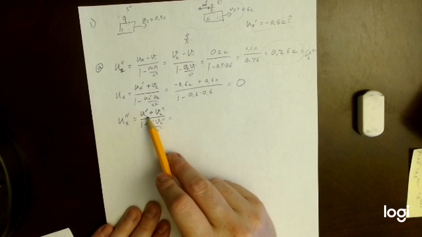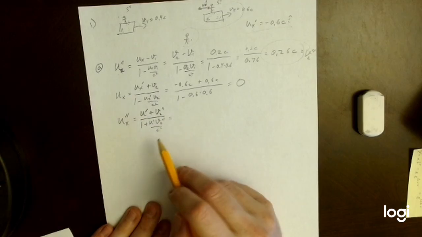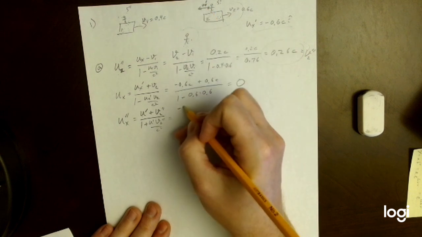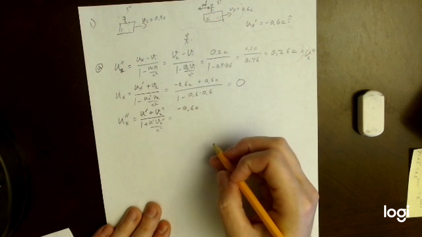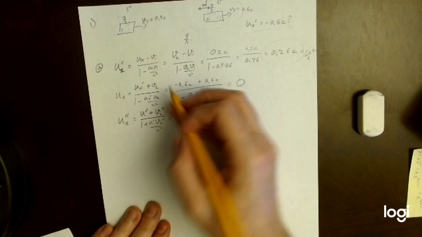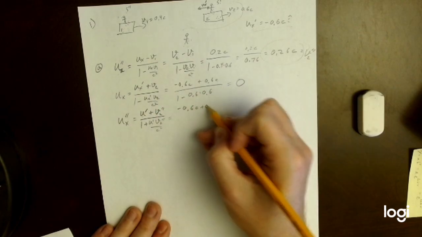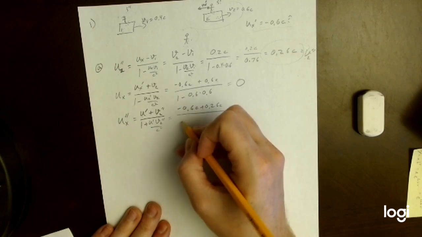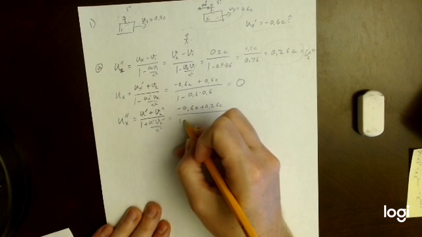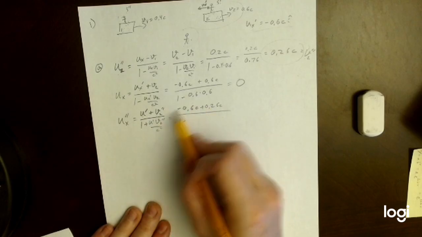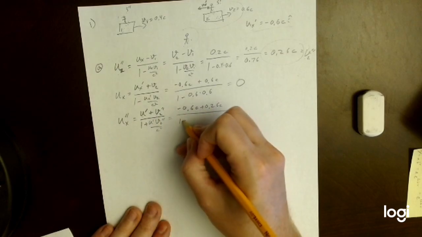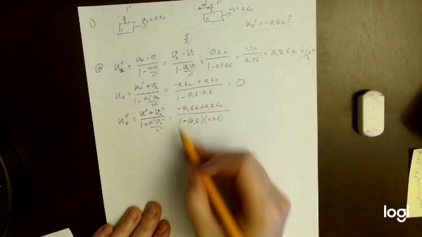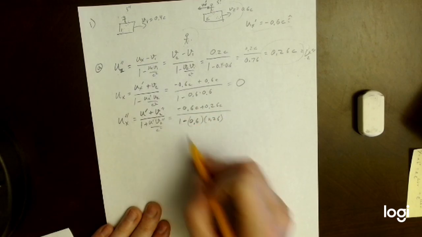Then we're just going to plug in things, because we know u prime, as seen here, was minus 0.6 c. And then v2 double prime we calculated in the first part is plus 0.26 c. All of that over 1. This would be a plus, but it's actually going to be a minus because of this minus sign from here. So I'm going to just write this as 1 minus 0.6 times 0.26. So this minus sign flips this to a minus here.